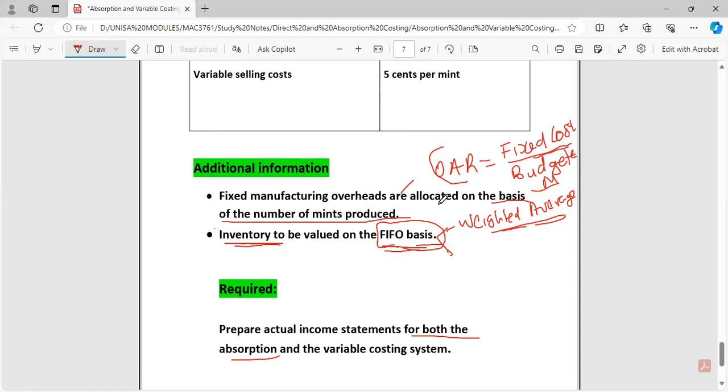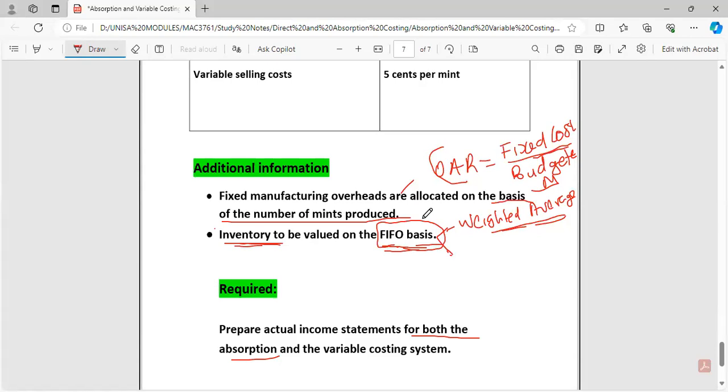Fixed manufacturing overheads are allocated how? Because remember, in absorption costing, you are going to have fixed manufacturing overhead, so you need to know the allocation basis. They are going to be allocated on the basis of the number of units produced, so you are going to allocate based on manufactured units here.